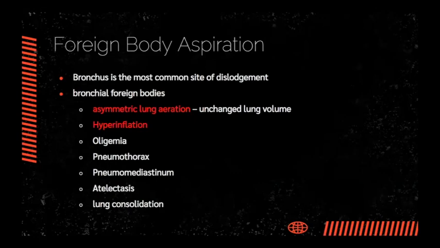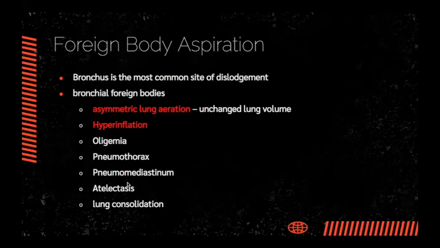Right, a dislodged foreign body is most commonly seen in the bronchus. So the features will be asymmetric lung aeration, whereby there will be unchanged lung volume, just like we saw in the previous case, and there will be hyperinflation. The affected lung will be oligemic, and in the worst case, there will be pneumothorax and pneumomediastinum.